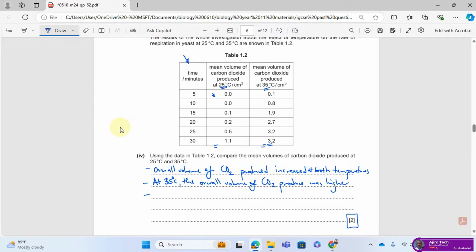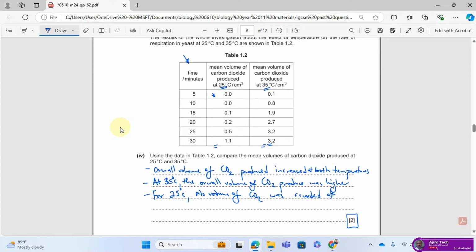You can also say that for 25 degrees C, no volume of CO2 was recorded at the first 5 and 10 minutes, or for the first 10 minutes.